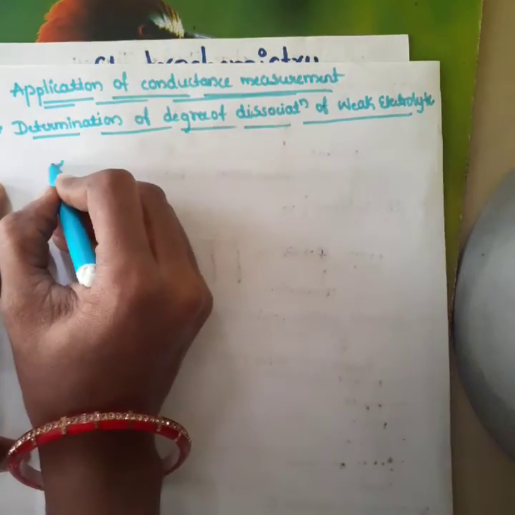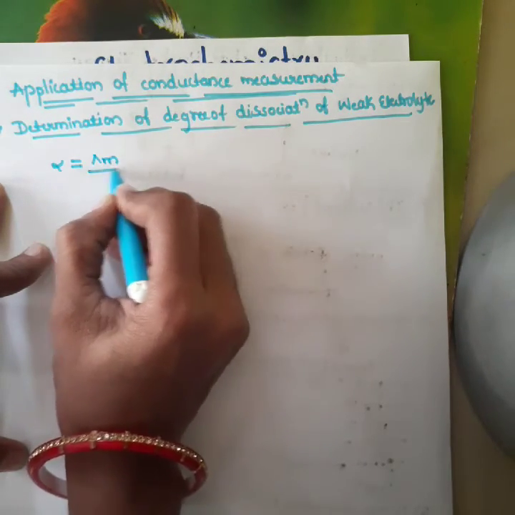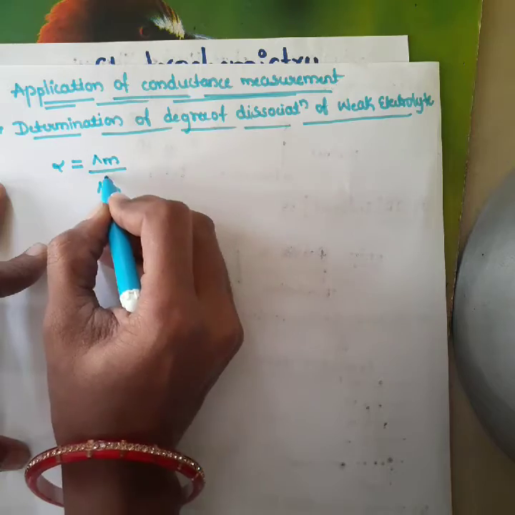It is given by alpha is equal to lambda m divided by lambda m naught.